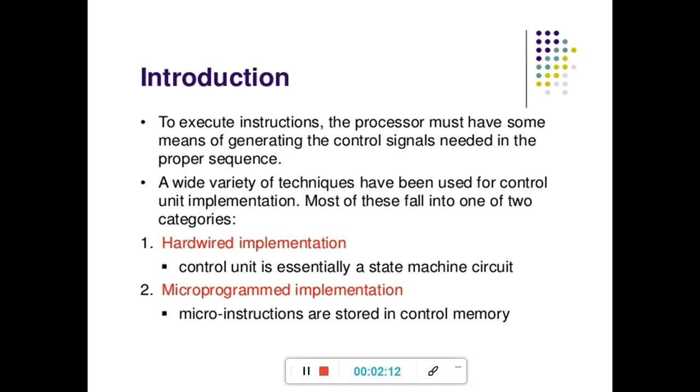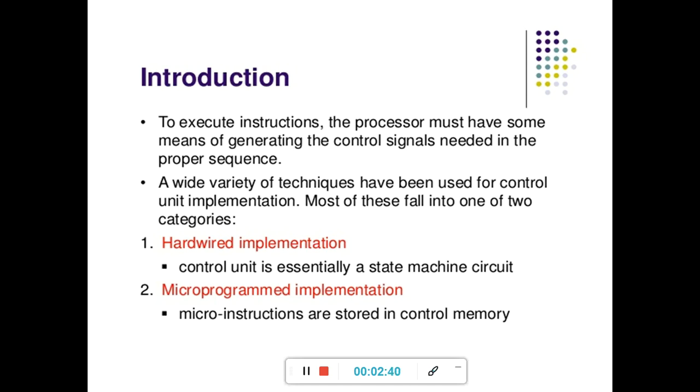At the same time, we should go for implementation categories. Here there are two types of implementation categories. Number one, hardwired. Number two, microprogrammed. What is hardwired implementation? It is essentially a state machine circuit, because of the control unit. Without the control unit, we can't do anything. So we must know about hardwired implementation.